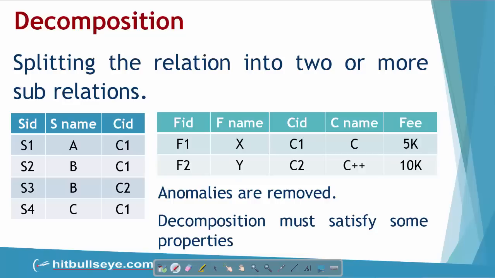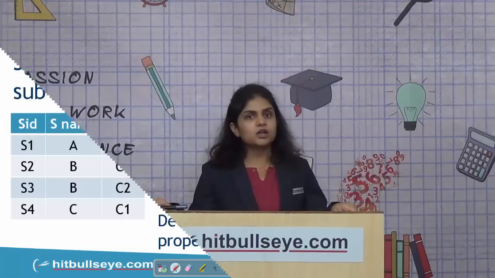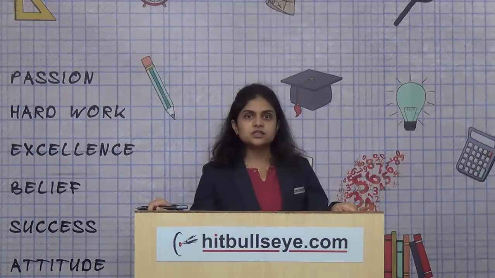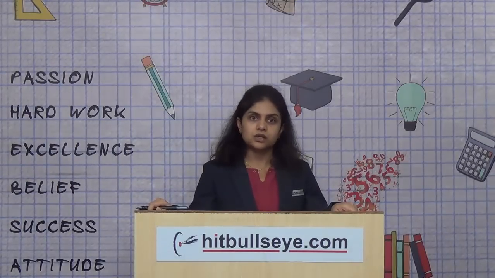I can insert faculty F3 with the name Z, with course ID maybe C3, with Java as the name of the course, and 10K being the fee of that particular course. I don't have to forcefully insert any null values to the student database.